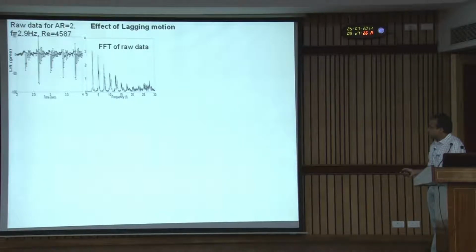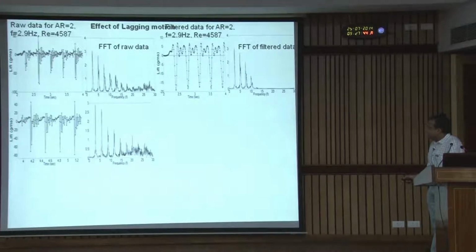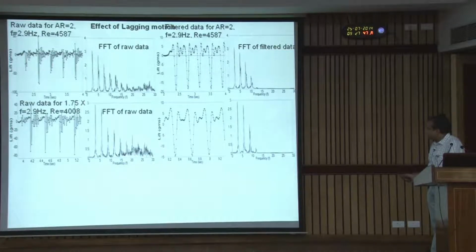The flapping frequency is somewhere here. Now, when we obtain the force data, we filter this high frequency part, and then we get this filtered data as the force data, and you will see that for the other case also.